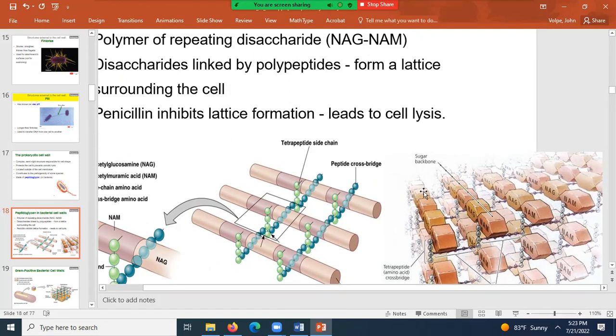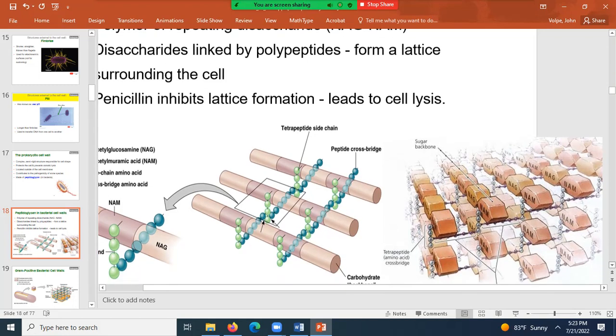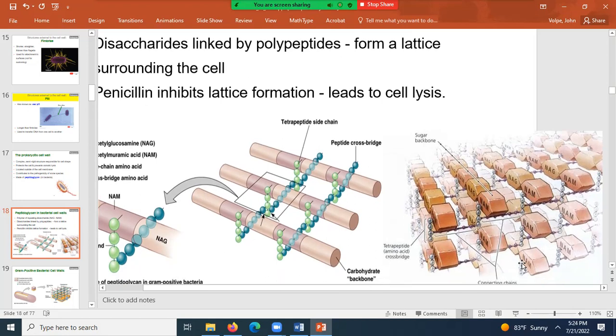And it's row upon row in a plane, many different rows of this disaccharide. Underneath this row, we have another layer of NAG and NAM peptidoglycan, and then another layer under that. And in the cell wall, we have many layers of peptidoglycan.